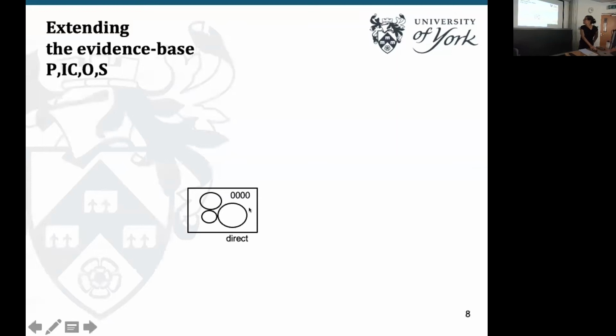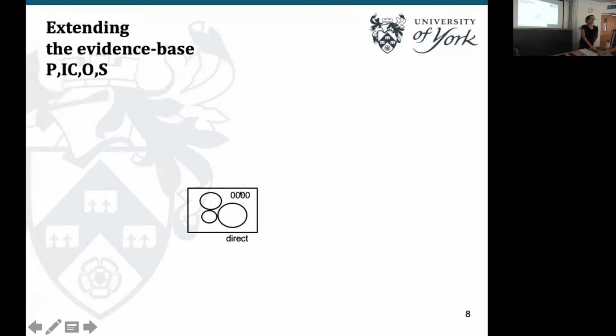So here is an illustration of what extending the evidence means. You might have a set of studies represented here by these bubbles that are exactly on your PICOS: population, intervention, comparator, outcome, and study design, denoted here by 0, 0, 0, 0.